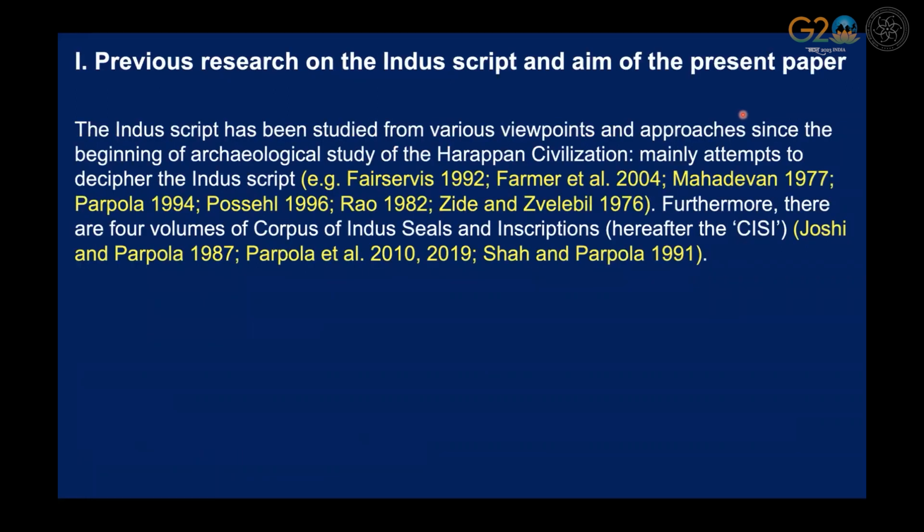Needless to say, there are many important previous studies on Indus script. The Indus script has been studied from various viewpoints and approaches since the beginning of archaeological study of the Harappan civilization, mainly attempting to decipher the Indus script. Furthermore, there are 4 volumes of corpus of Indus seals and inscriptions.